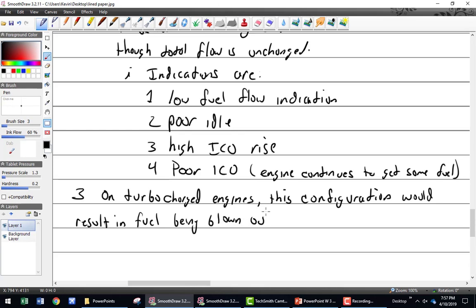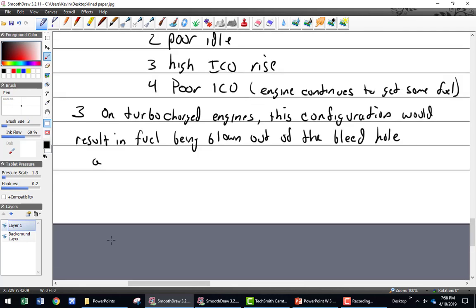Fuel being blown out of the bleed hole. So then what do you got to do? Well, you got to plumb it overboard, right? No, that wouldn't work. Just plug it. Just plug it. All right.